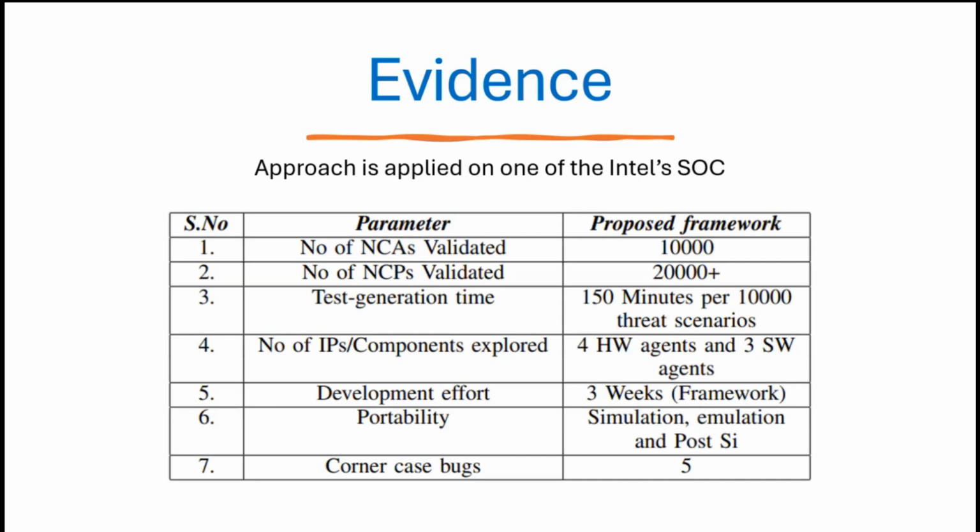Using this technique, we found 5 bugs on derivative products. In previous verification of the same product, those bugs were not detected because of limitations in the stimulus. So this is what I had in brief. I'm open to questions.